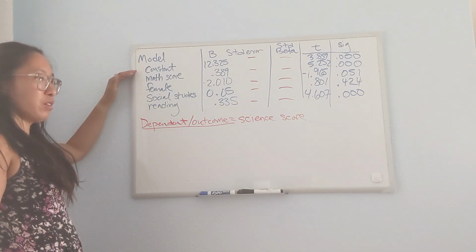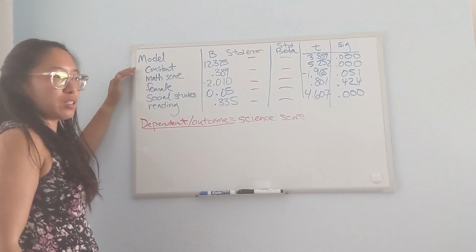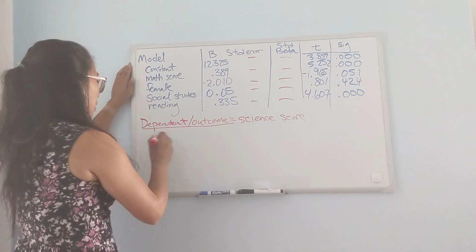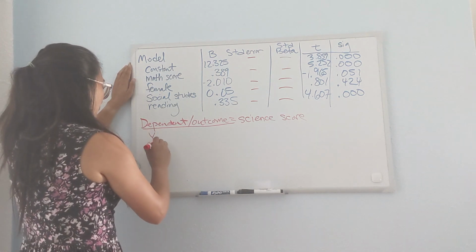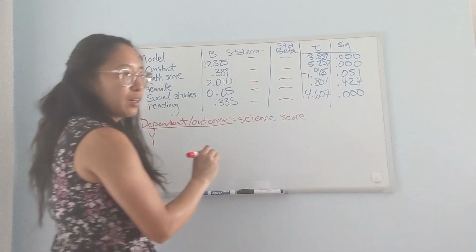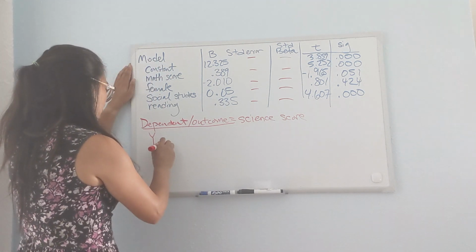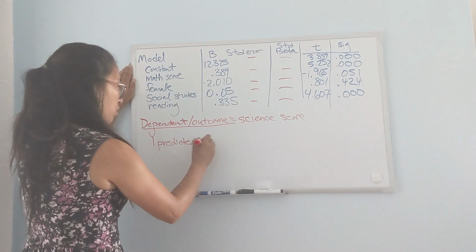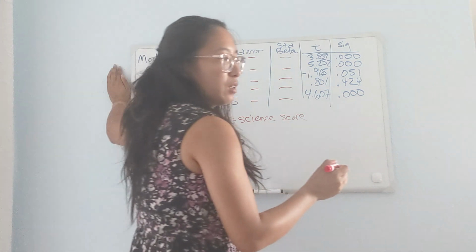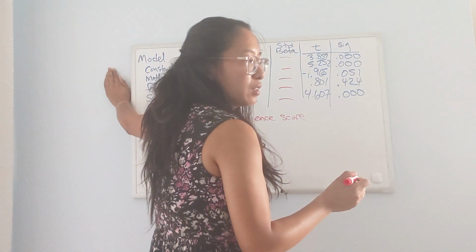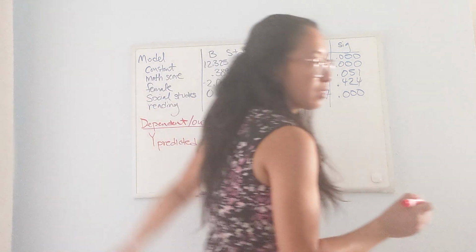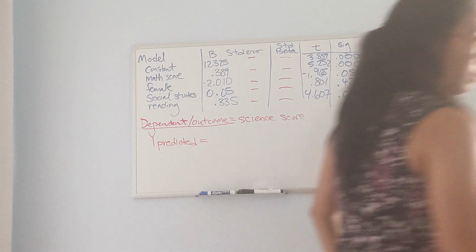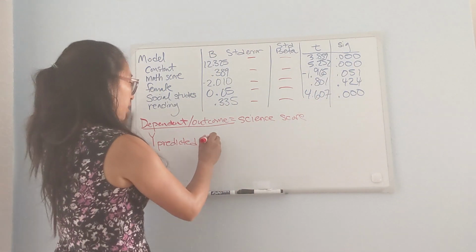So when you write out the equation, the equation is typically y predicted. This is where you would write your outcome measure, which equals, sorry, I need to make sure I'm doing everything correctly.